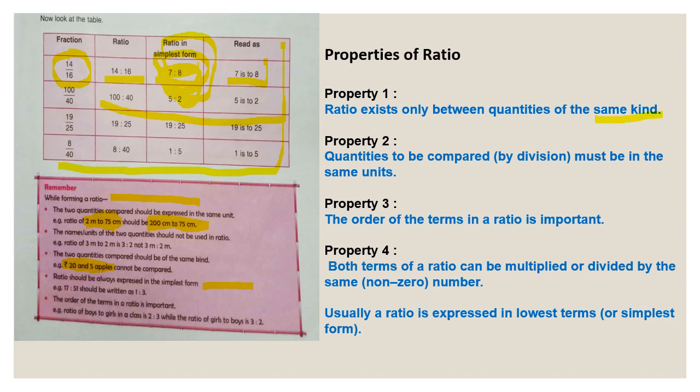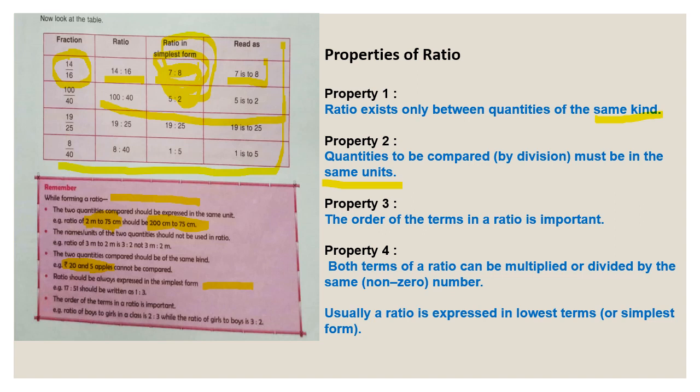Property 2: quantities to be compared by division must be in the same units. Property 3: the order of the terms in a ratio is important; you cannot alter the term order of the given question.